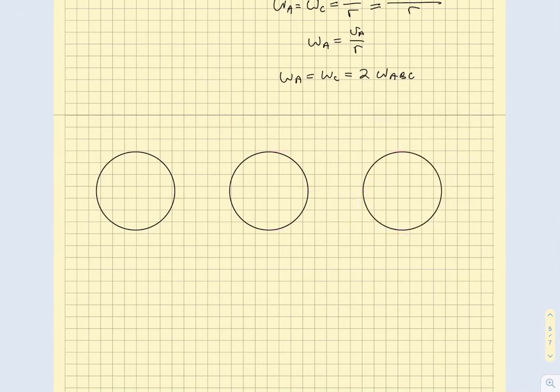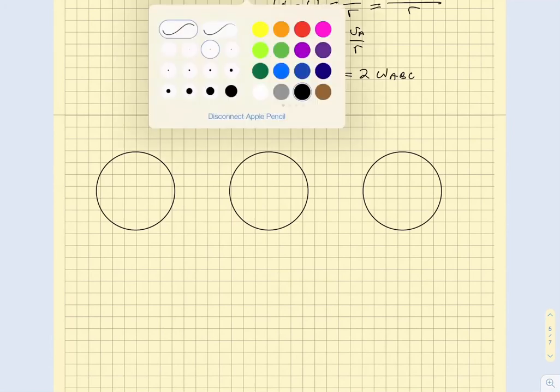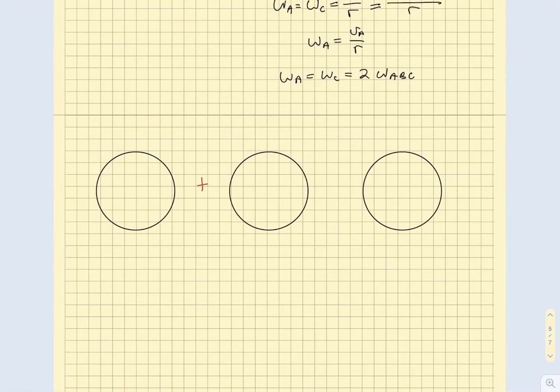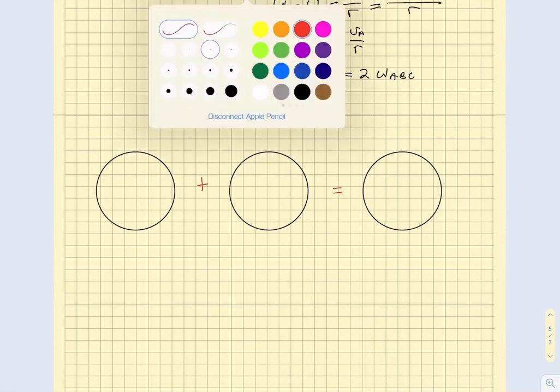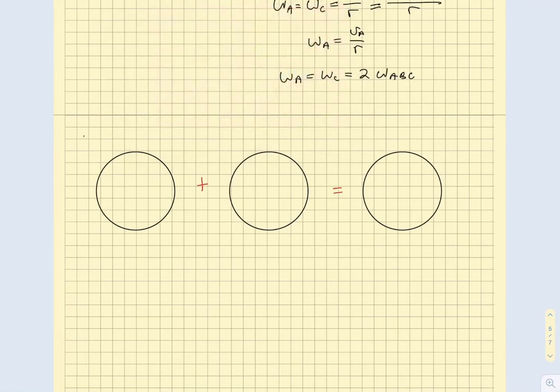So next step, let's take a look at one of the gears here. And the great thing is that if we do one of them, it should be similar to the other one. So let's select gear C. And we do impulse and momentum here.